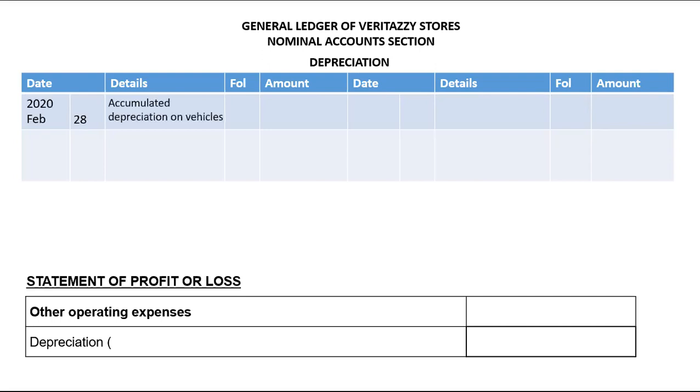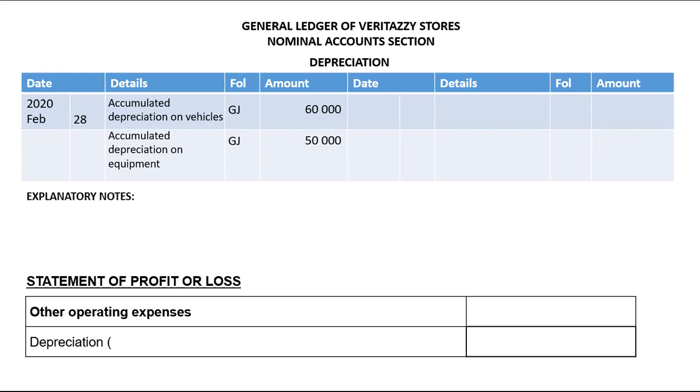So we are going to debit it by accumulated depreciation on vehicles of 60,000. It will also be increased by accumulated depreciation on equipment of 50,000, which will give us a total depreciation expense of 110,000 rand. So depreciation increases on the debit side because it is an expense account.